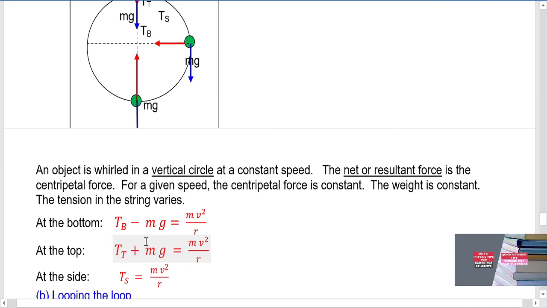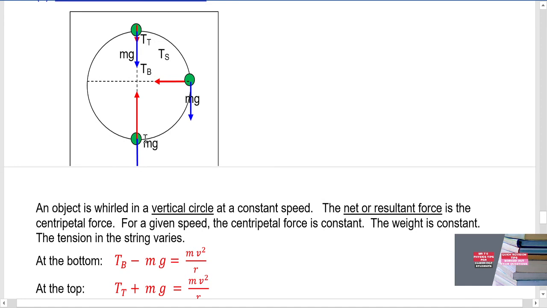Okay, suppose there's water in the bucket and the bucket is moving like that. The bucket and its contents, like the water, won't spill out as long as we are above a certain speed. So the inertia of the water keeps it inside the bucket. But if you stop the bucket at the top there, all the water would spill out.